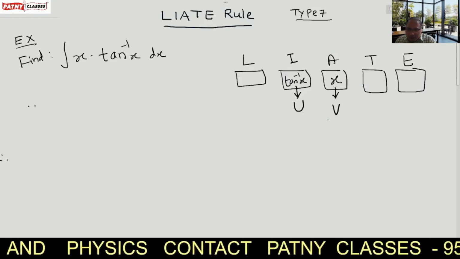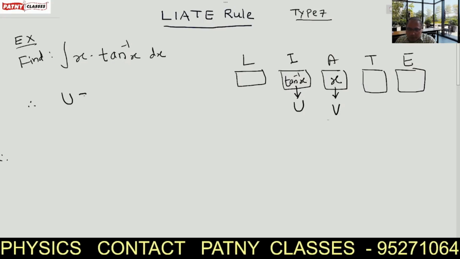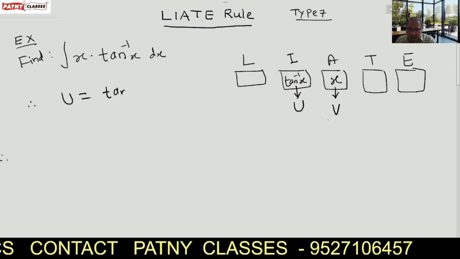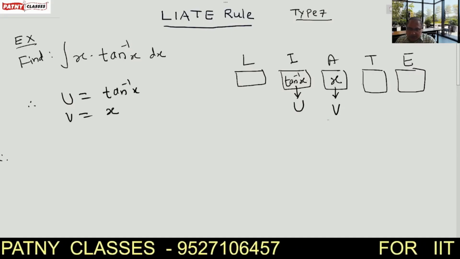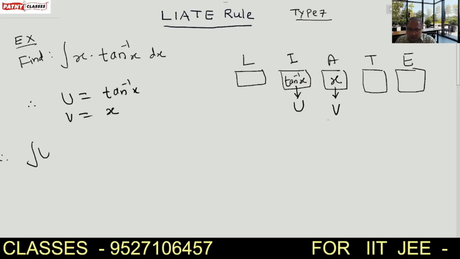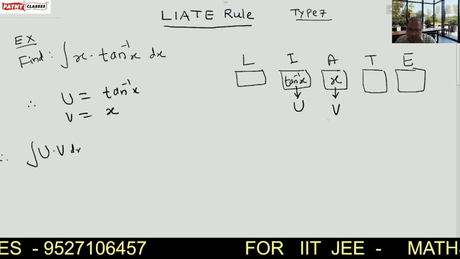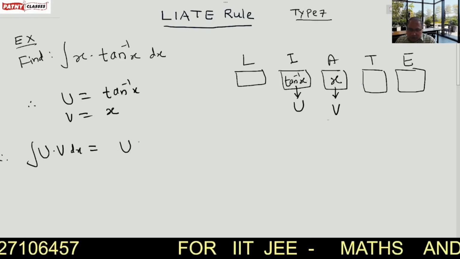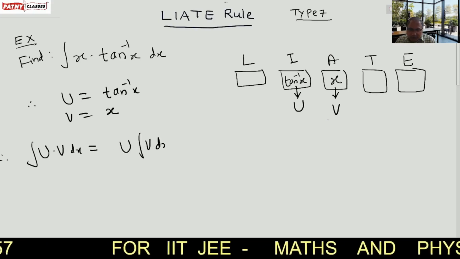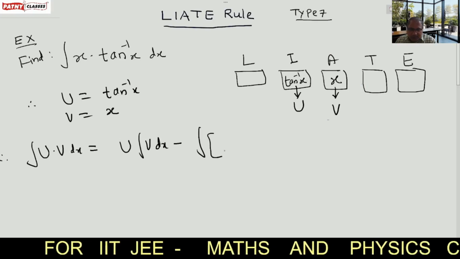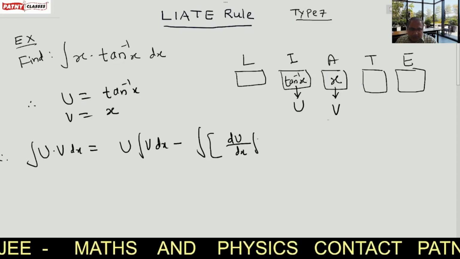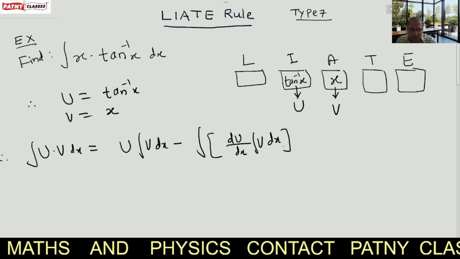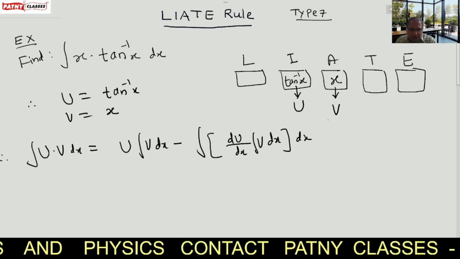Therefore u equals tan inverse x and v equals x. Now integration of u into v equals u into integration of v dx minus integration, inside the box du by dx and integration of v dx, with respect to x.